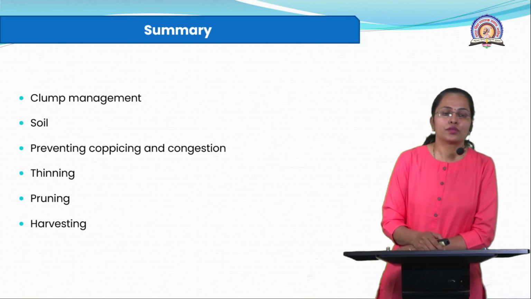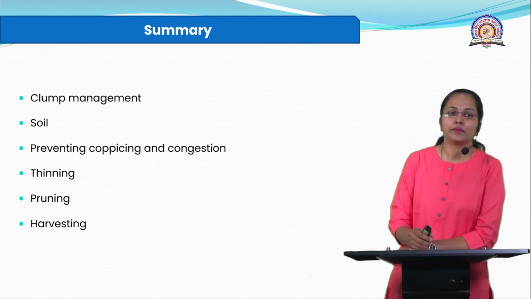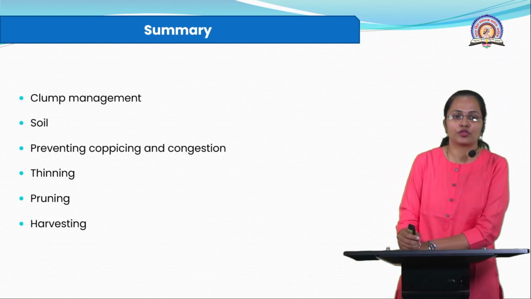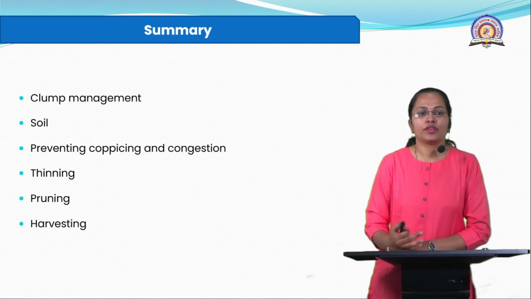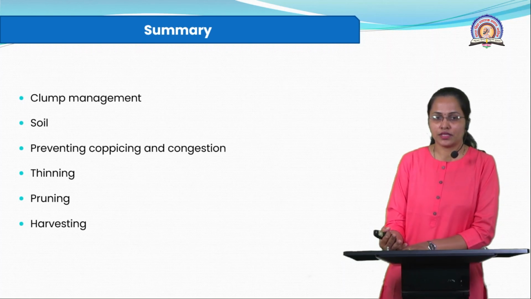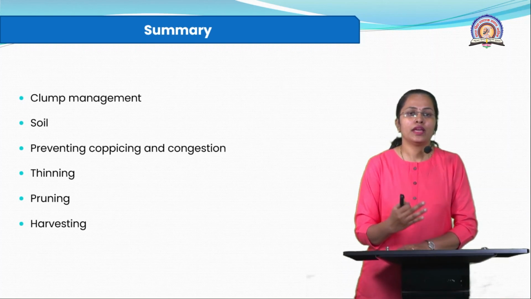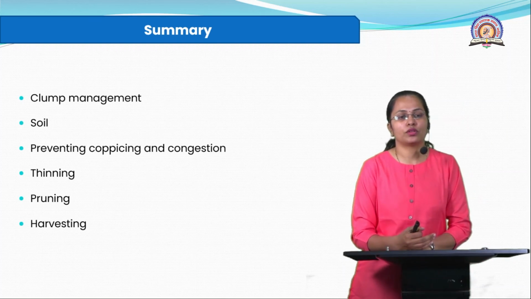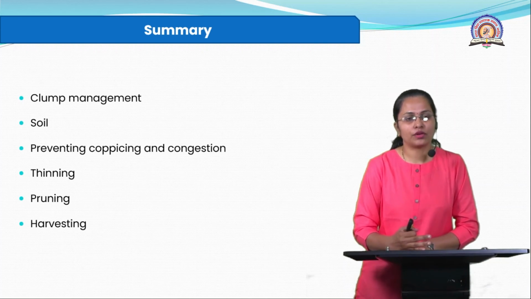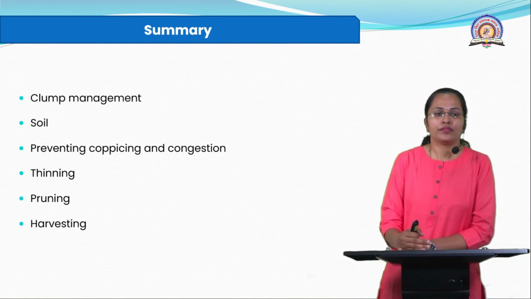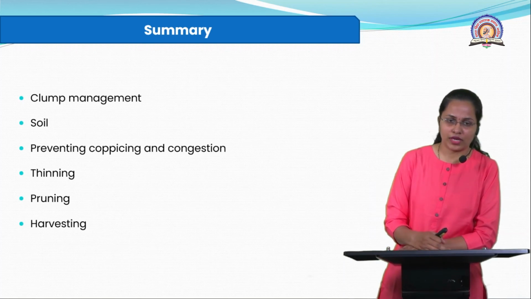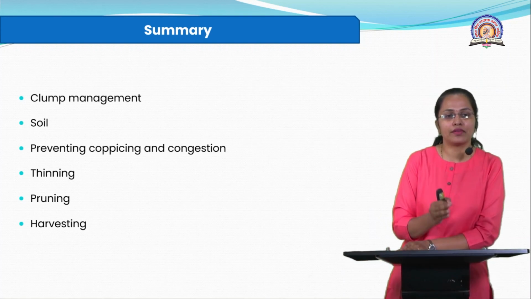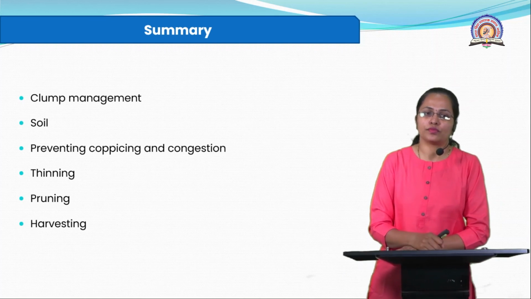So, in today's lecture, we have seen bamboo clump management, and within this clump management, the 5 important factors which should be managed are soil, then we have to prevent coppicing and congestion, then we have to thin the bamboo clumps regularly, then the thickets or the thorns present on the stem should be removed properly in order to maintain the spacing between the bamboo clumps, and at the time of harvesting the proper 4 year old clumps should be harvested in equal amounts of old and new clumps of the bamboo.